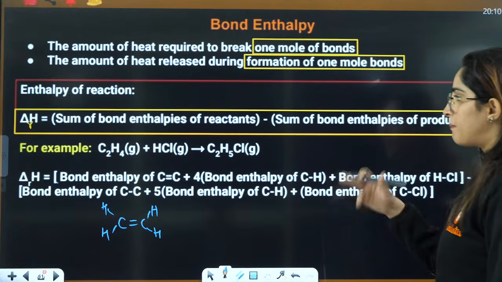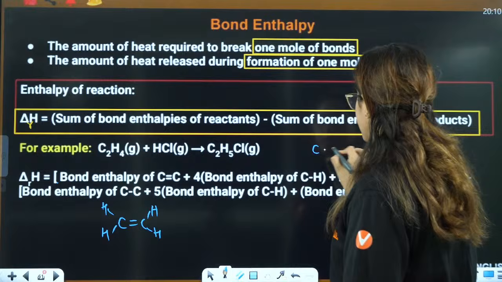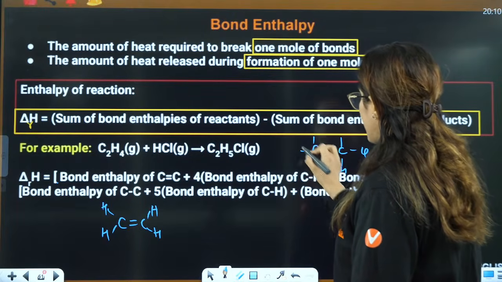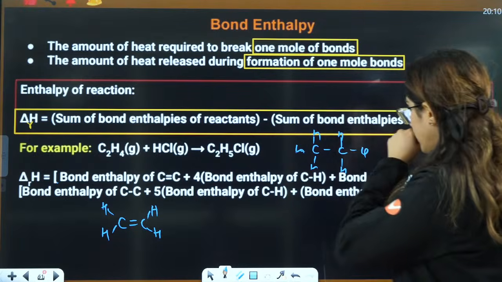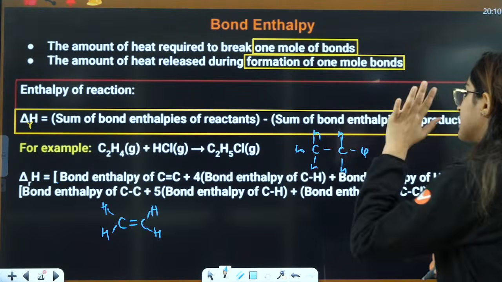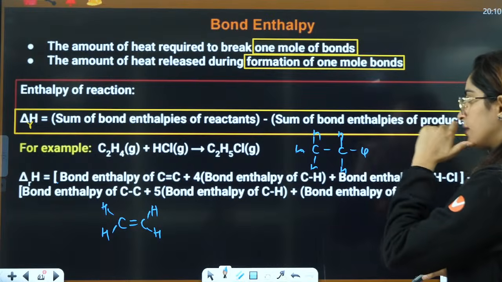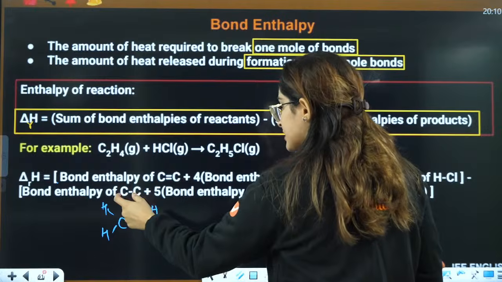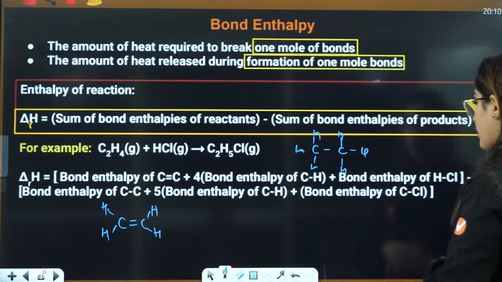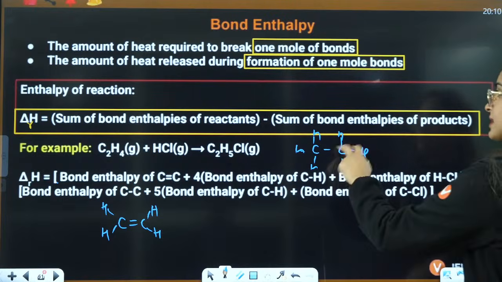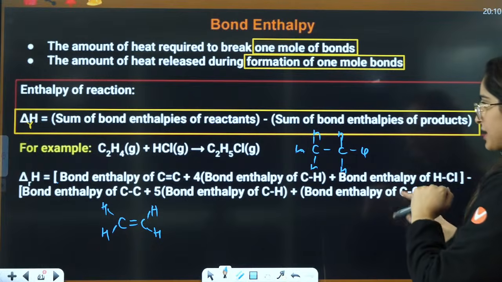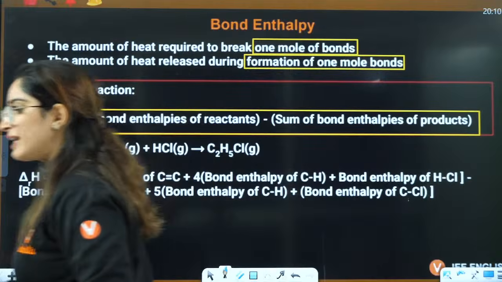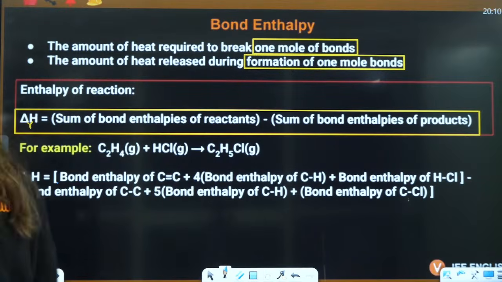Add all of them, minus C2H5Cl. So you will break 5 CH bonds and 1 Cl bond. So you will say minus the bond enthalpy of 1 CC and 5 CH bonds, and 1 CCl bond as well, right? So that is how you define it in terms of bond enthalpy or bond energy, right?